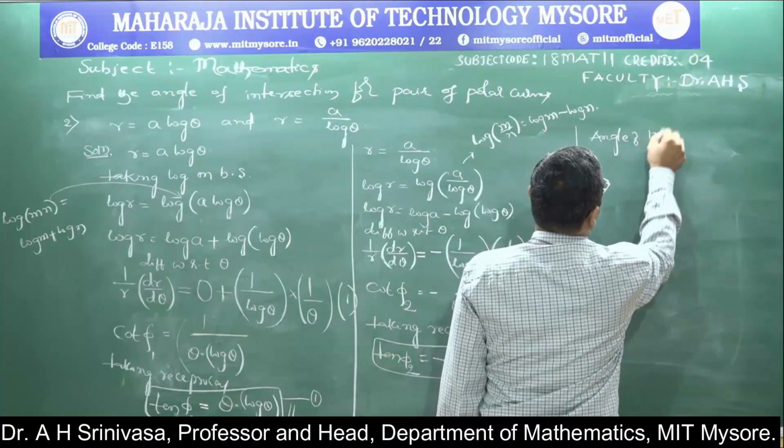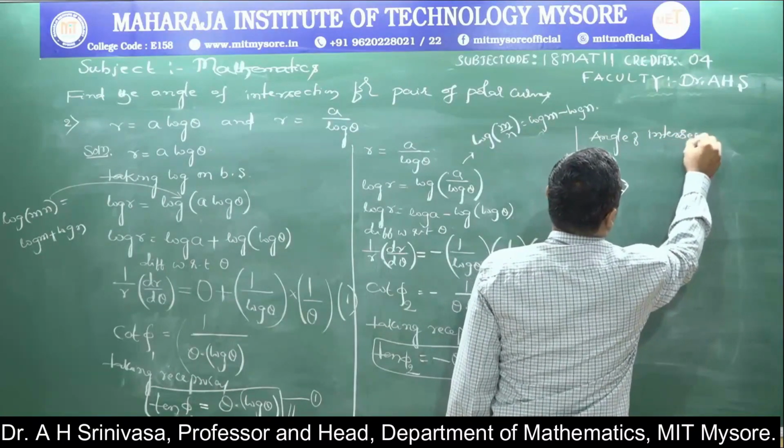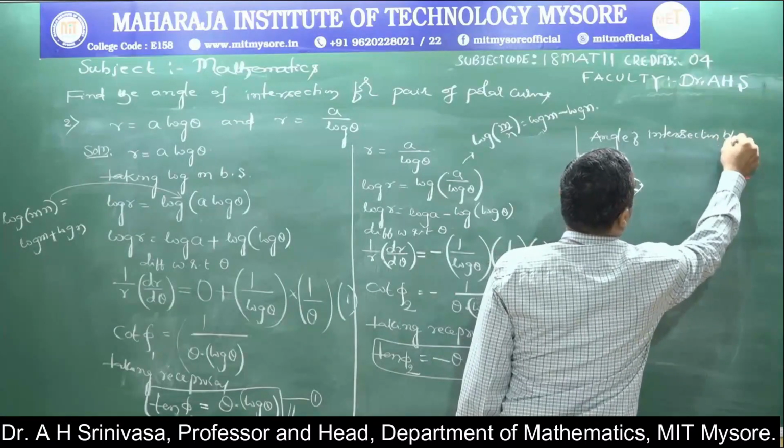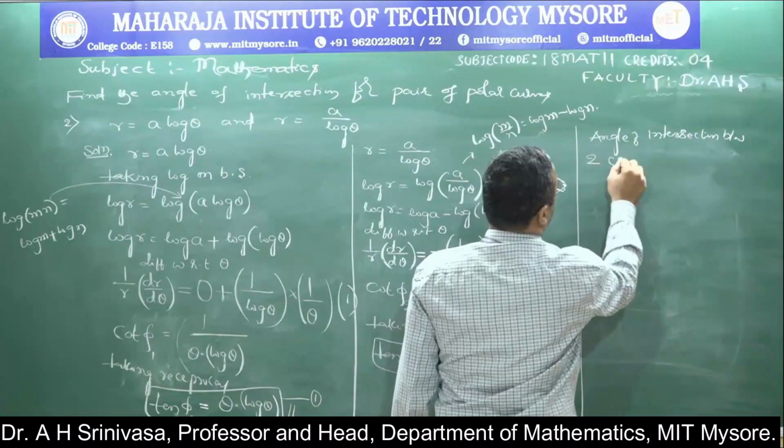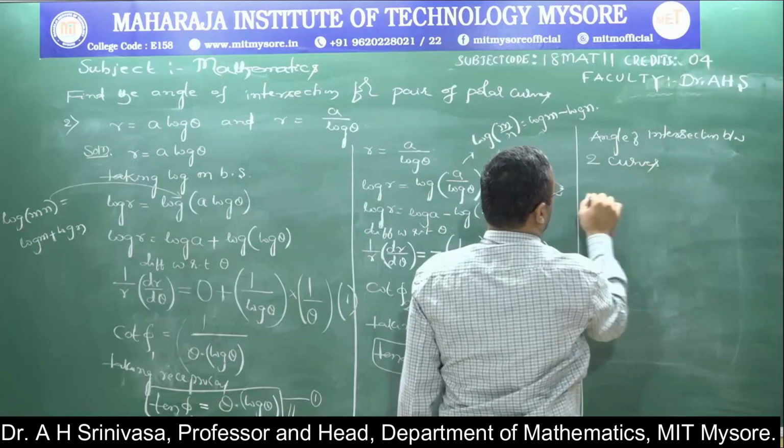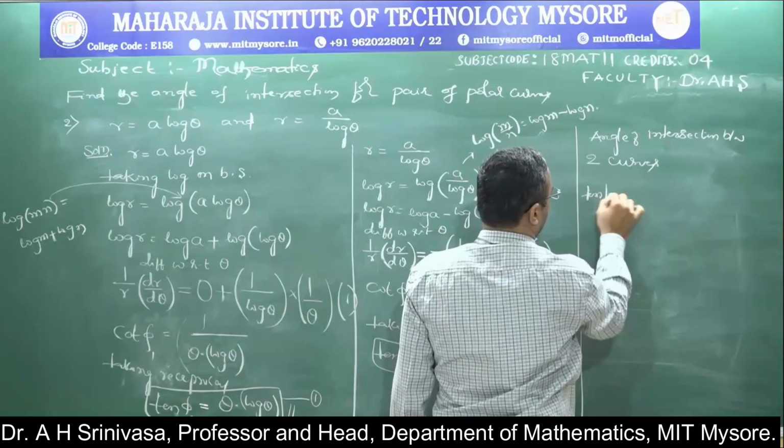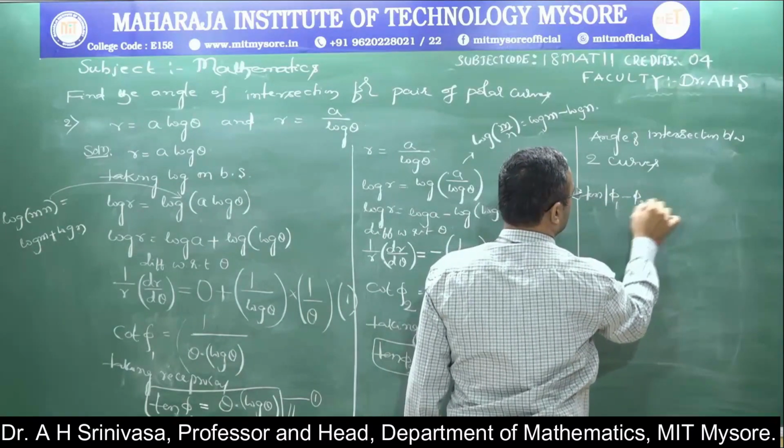The angle of intersection between two curves, what is that formula? That is tan of phi 1 minus phi 2.